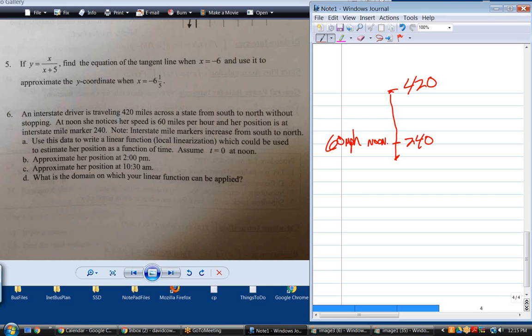Noon is time 0. Well, approximate her position at 2 o'clock. Why is this not any? She's going 60 miles an hour. For 2 hours, she's going to go another 120 miles. So at 2 p.m., she's at the 360 mile marker. But that's algebra, not calculus.